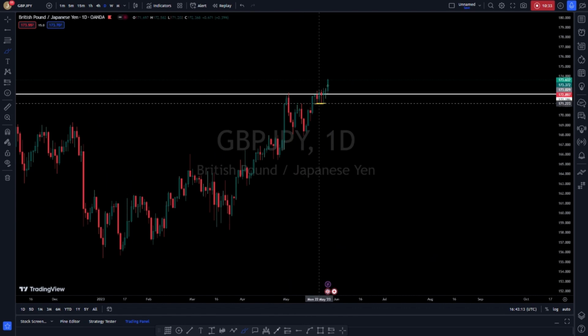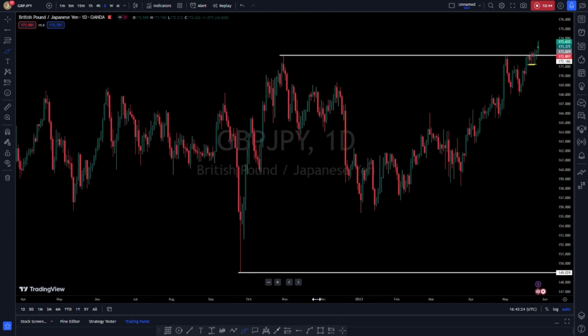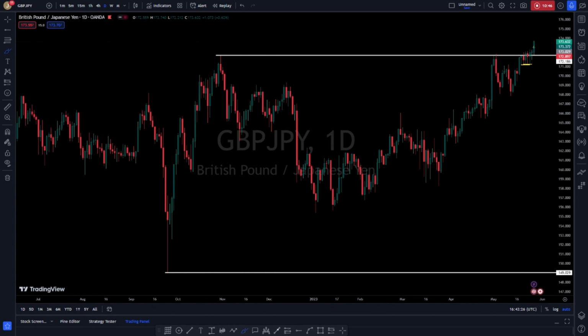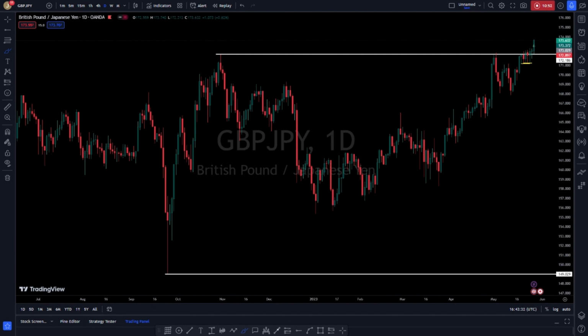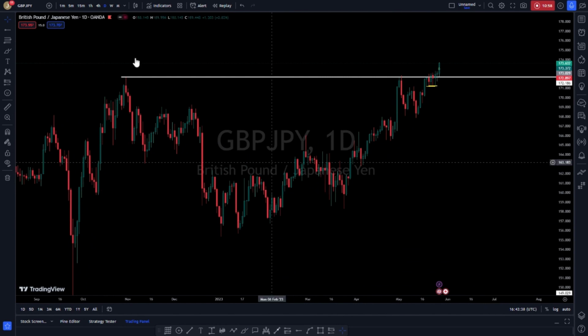You can see how many candles: 1, 2, 3, 4, 5, 6, 7, over 5 days. It was ranging before it actually broke this high yesterday, and I was opportune to enter the trade.